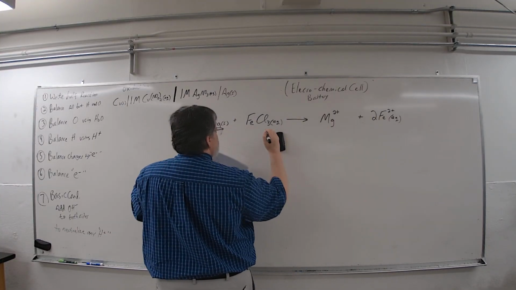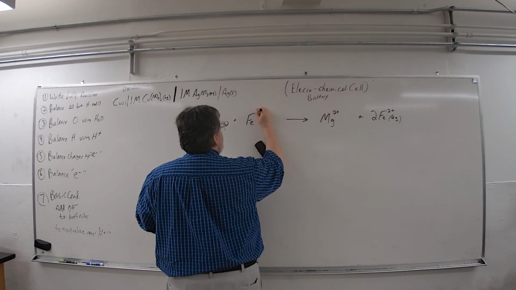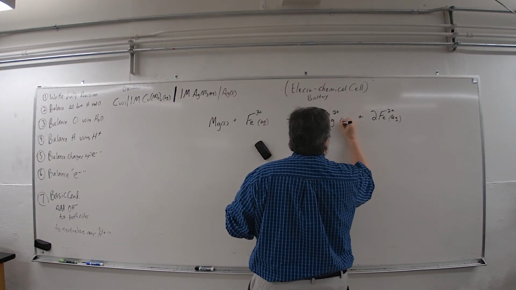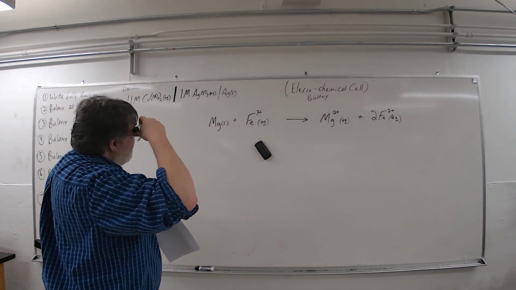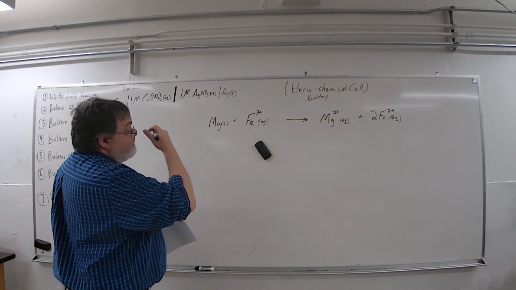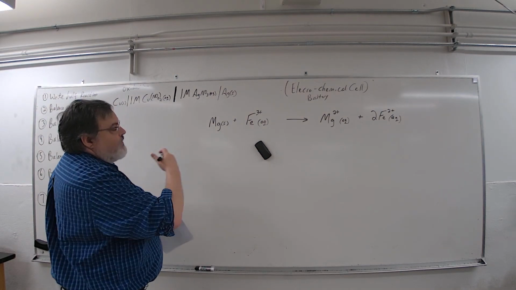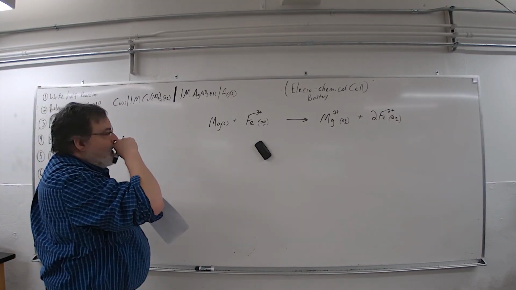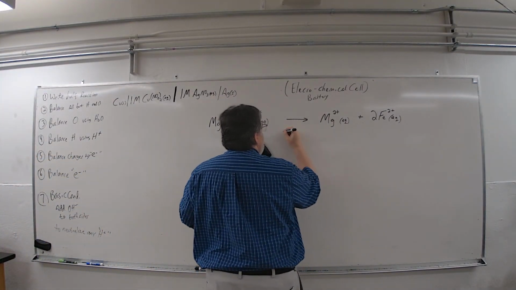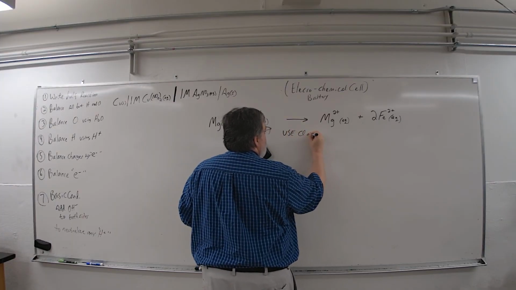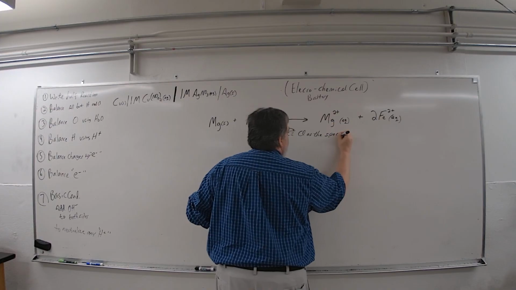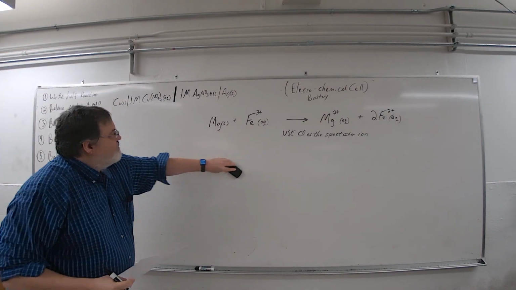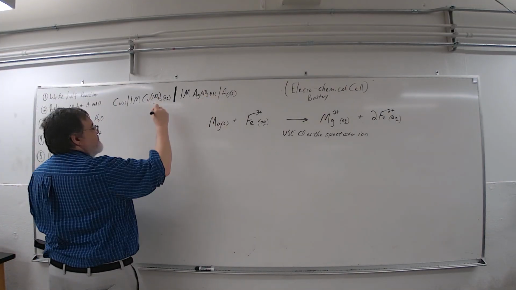Oh, I see what's messing me up. What if I just did, so what if I gave you that and said, write that in cell notation? And I guess I would have to say, okay, in this case, NO3 was the spectator ion.